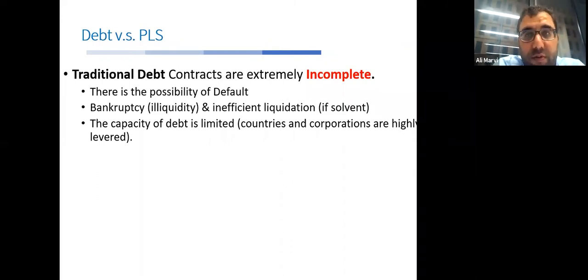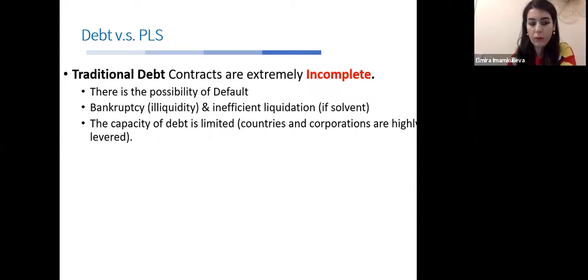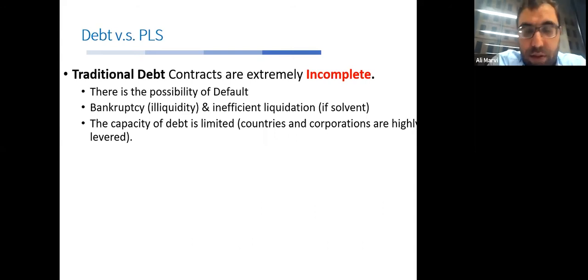I explained before that countries and corporations are highly leveraged, and over time this trend is even worsening. The situation is getting tougher, as countries and corporations are more and more highly leveraged, and the trend is still rising.